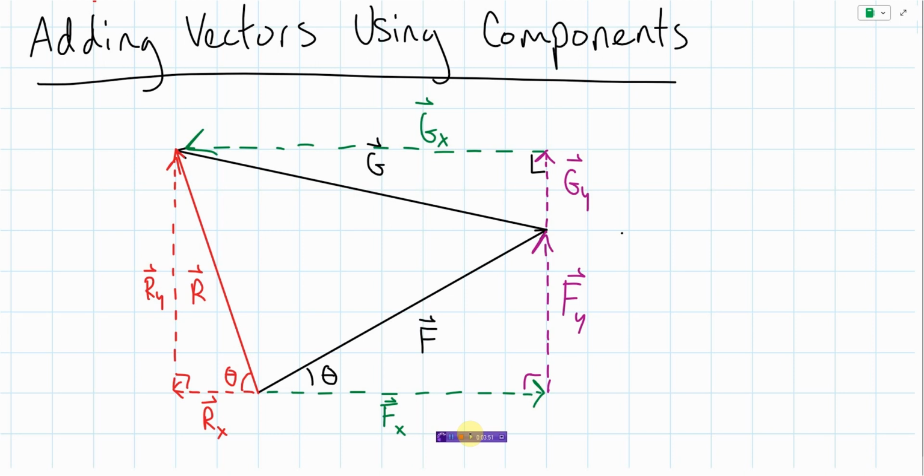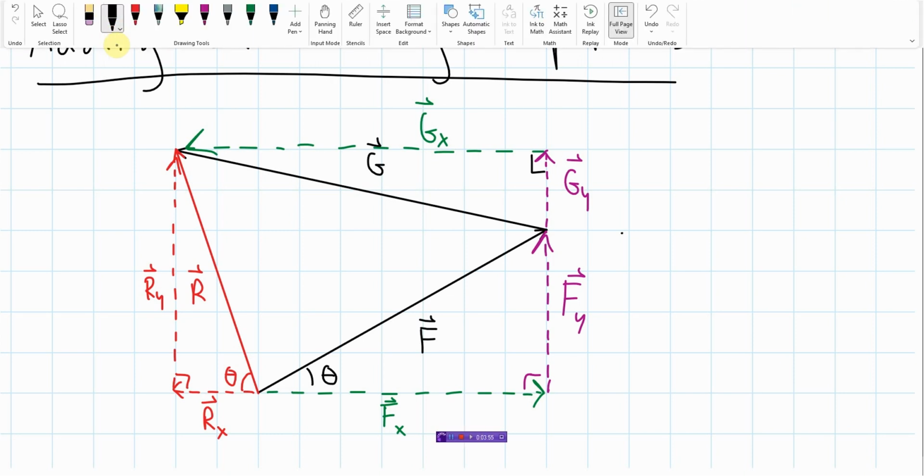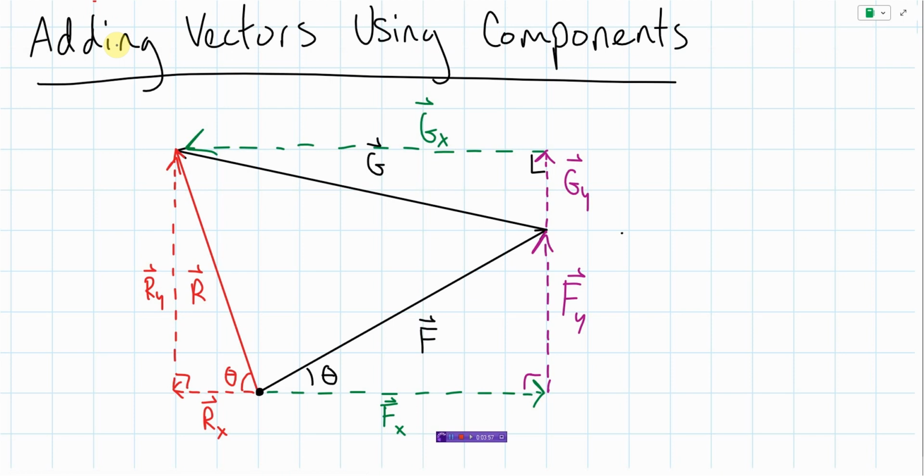Once I have them, if you trace them around, so let's say I start here, if I follow just the x's, for instance, Fx takes me 2, 4, 6, it takes me 7 squares to the right. And then if I were to add to that Gx, well, Gx takes me 2, 4, 6, 8, 9 to the left.